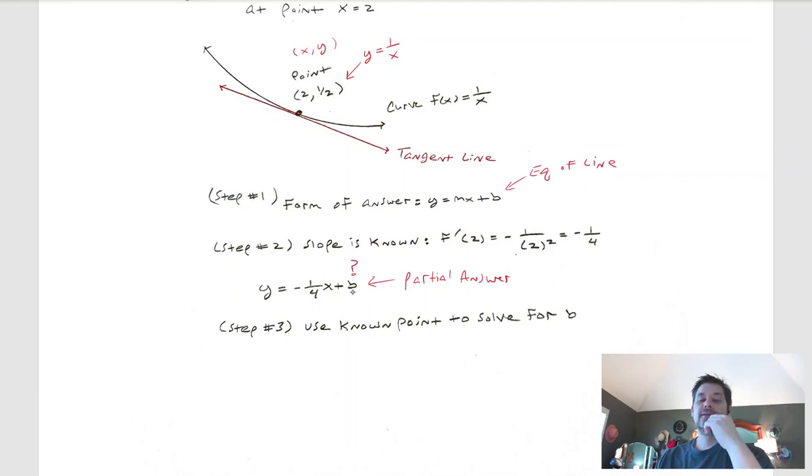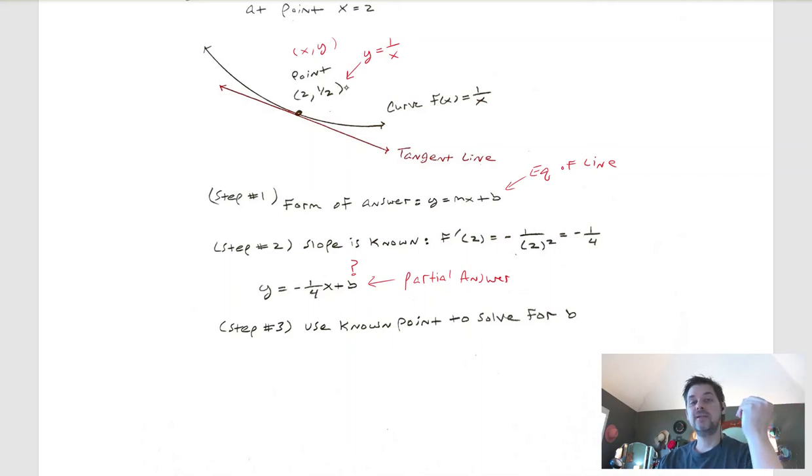Okay, so step 3, how do you find b? How do you figure out what b is? Well, you see how the tangent line and the curve meet each other at that point. That point is on both the curve and the tangent line. So that would mean that if you plug this point in, x and y, into the equation for the curve, it would work.